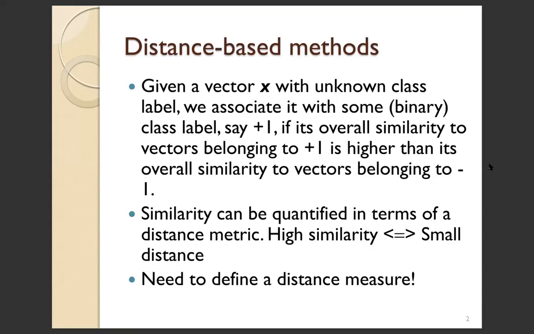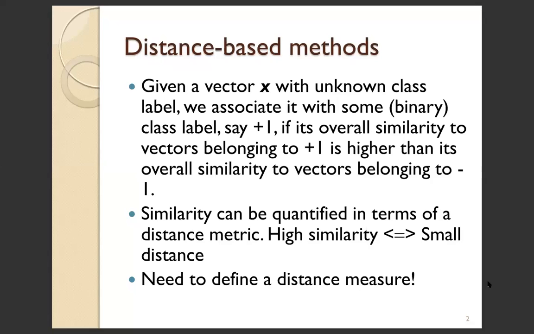But the way you compute the distance matters. There are many different notions of distance, and we're going to look at these notions. If you have any data vector, you can associate it with a class label, say +1, if its overall similarity to vectors belonging to +1 is higher than its similarity to vectors belonging to -1.